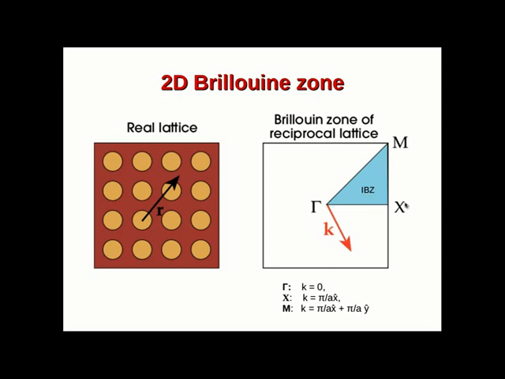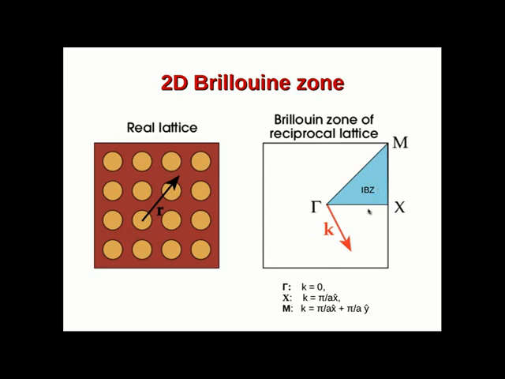The irreducible Brillouin zone is that region which can be operated on by mirror and rotational symmetry to generate the complete Brillouin zone. So it is sufficient to analyze this region only, and understanding this will help us understand the entire Brillouin zone.